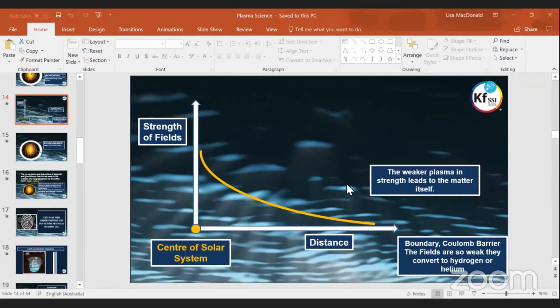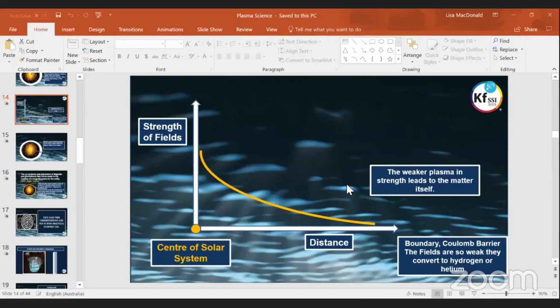Do they become that weak inside that we create the hydrogen and helium? And then when the fields of the physicality are given off around planet Earth, do those fields turn to hydrogen and helium within the Coulomb barrier of Earth, or is it something that all happens in deep space?